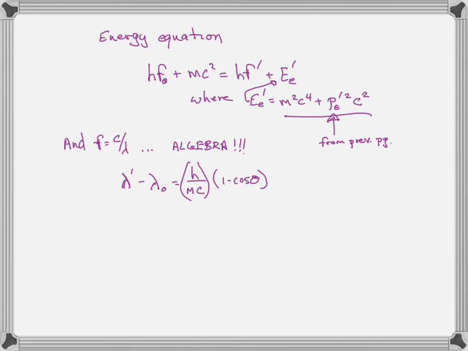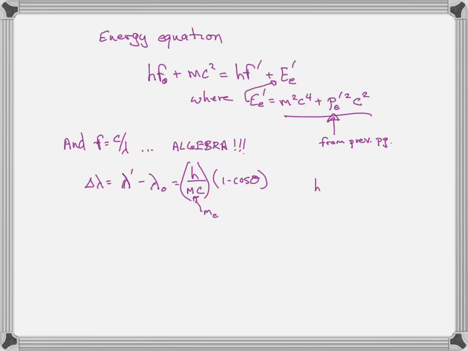What angle is that? That's the angle of the detected light from the original path of the photon. So we usually write this as delta lambda, the change in wavelength of the light. And remember that this m here is the mass of an electron, because nothing else has mass here.